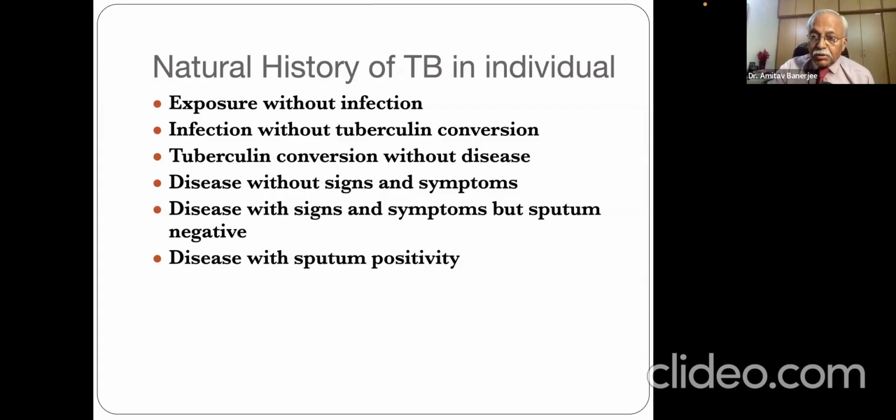Because we are giving BCG universally at birth, there will be tuberculin conversion without the disease. So tuberculin is not a very sensitive and specific test. Then disease without signs and symptoms, so asymptomatic. Disease with signs and symptoms but sputum negative. Disease with sputum positivity. So there are different permutations and combinations.